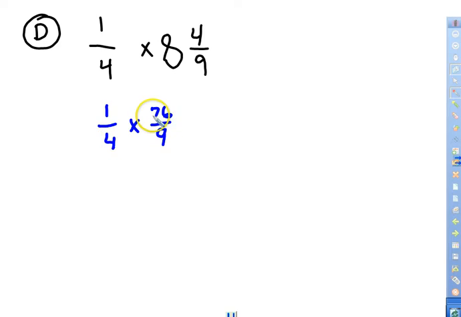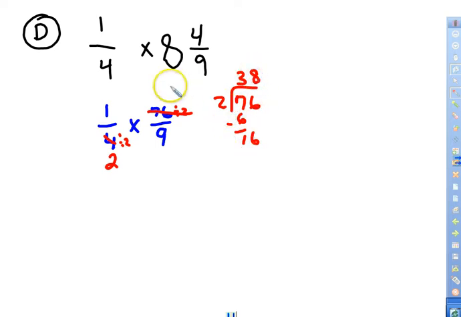They are both even numbers, so let's divide them by 2, and we get 2, and divide this by 2. And you get 76 divided by 2 is 38. Bring down the next number. How many 2's go into 16? 8. So 38 is my numerator.